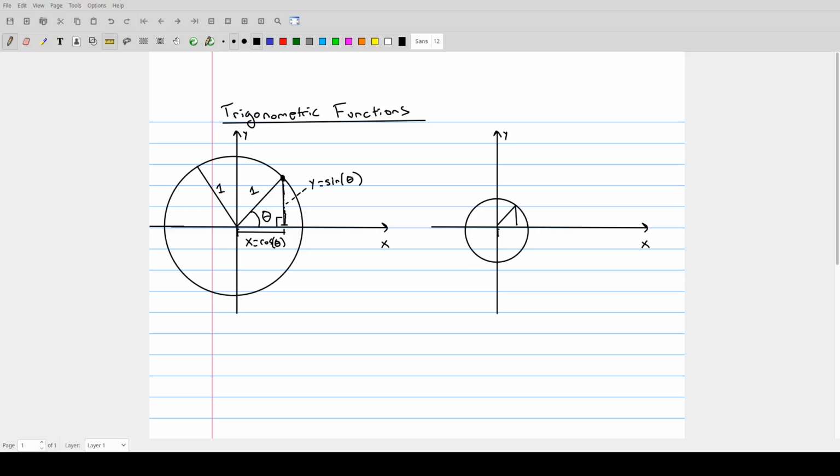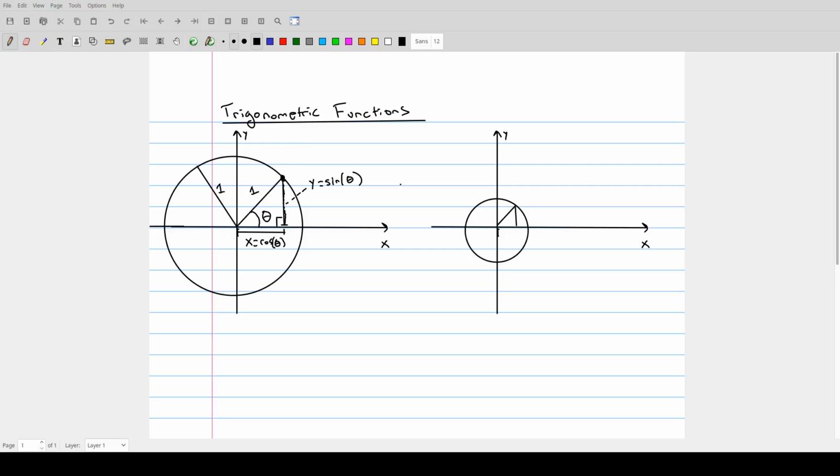For any angle, we still have this same picture right here. We have a right triangle, and the circle is similar to the circle of radius 1.